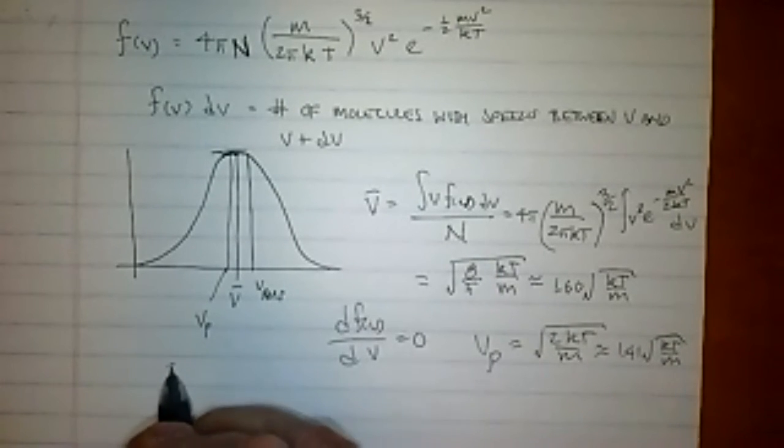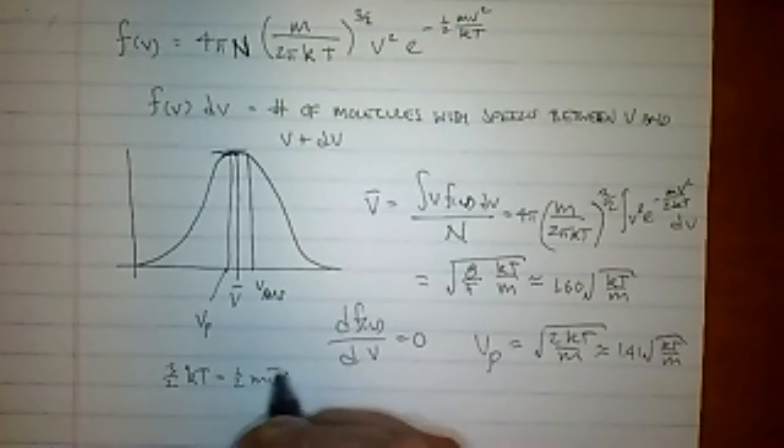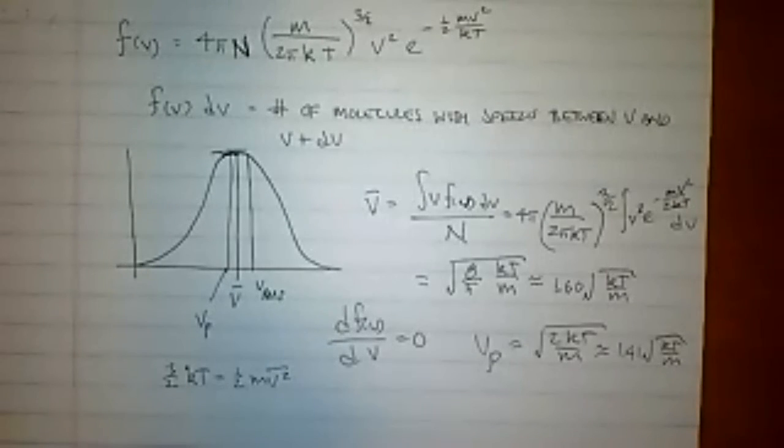If you did set 3/2 kT equal to 1/2 m v squared bar, and then try to solve for v squared bar, you get v RMS is equal to the square root of, notice the 2's cancel out, 3kT over m.